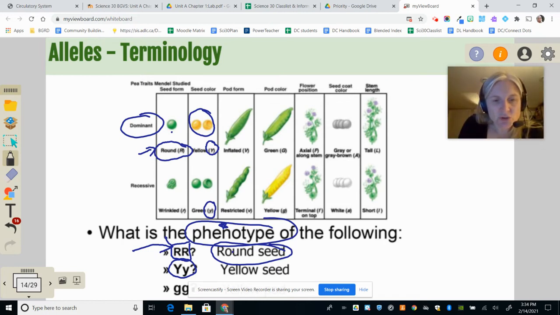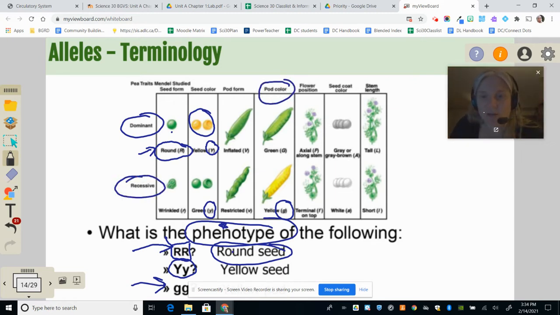Now, what if you have two recessive alleles here, little g and little g? Pod color is what we're talking about. It's recessive, but because there's no dominant one, we are going to have the recessive allele for the yellow pod color expressed. So that'll be a yellow pod color.